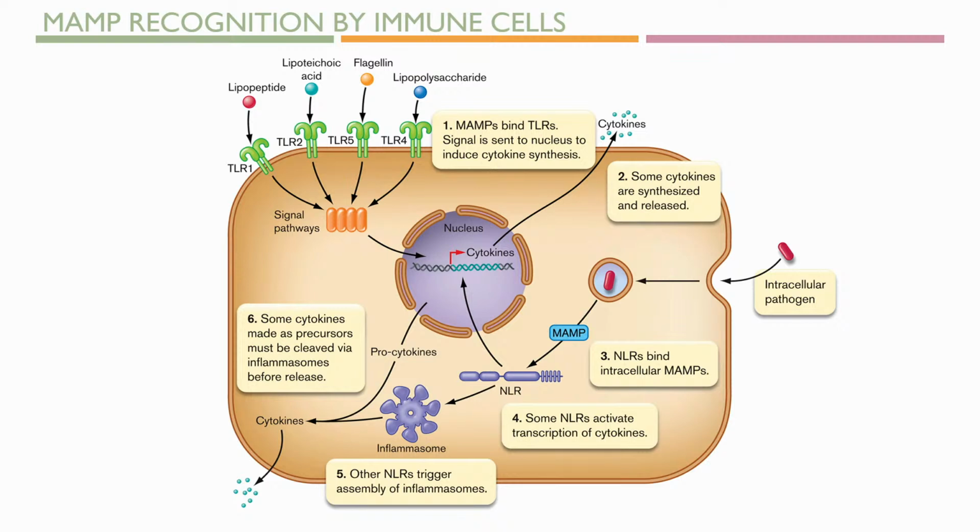It has a MAMP that is recognized by the nod-like receptor, this PRR, and that can also activate cytokines to be made. Essentially, this triggers the inflammasome. Just from the name, you should know that it's associated with inflammation and more cytokine production. That's a general idea of how this happens.